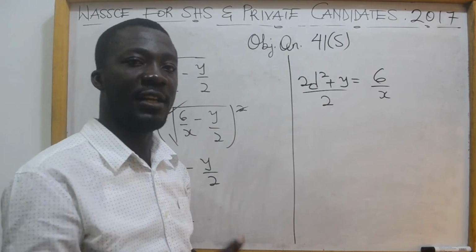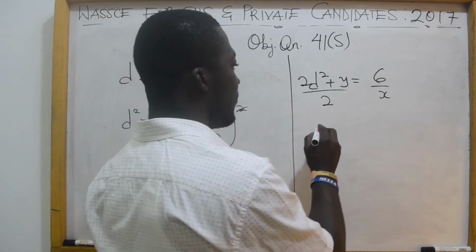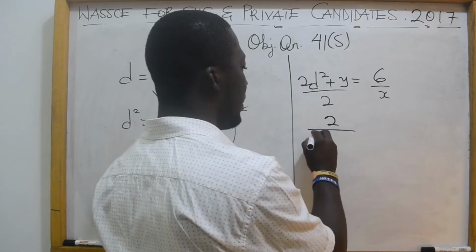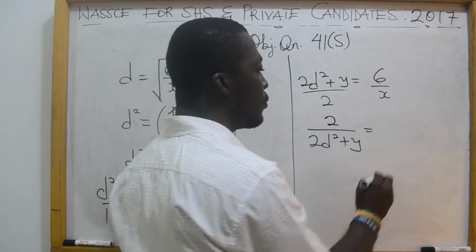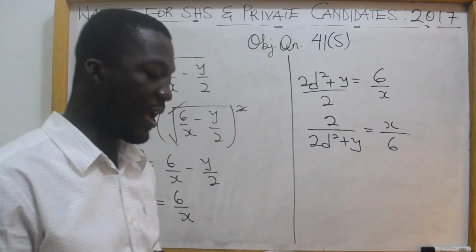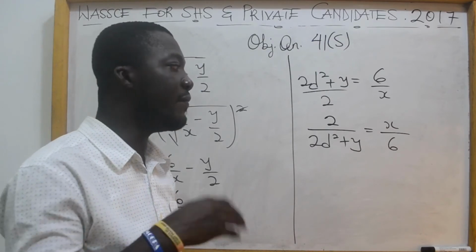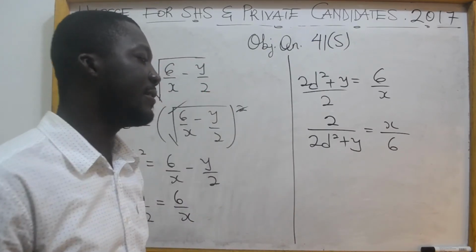What you do to the left hand side, you do the same thing to the right hand side. So we'll get 2 divided by 2d squared plus y is equal to x over 6. We have reciprocated the various sides. That's the left and the right sides.